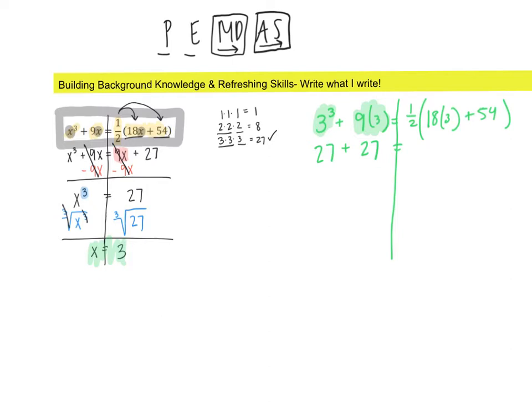And within those parentheses, I have more parentheses, so I have multiplication, I'm going to do 18 times 3. 18 times 3 in my calculator is 54. And so I have 54 plus 54 within these parentheses. Okay? From there, I'm going to keep solving. My next step is I'm going to actually add these two numbers together, 54 plus 54. And what do I get? 108.